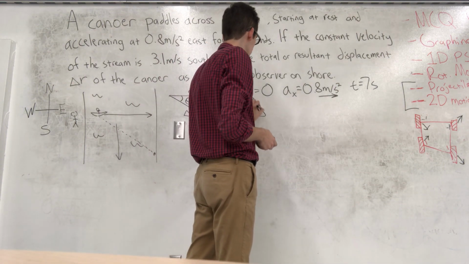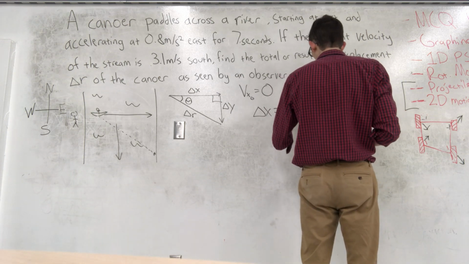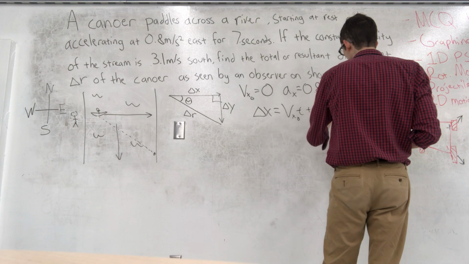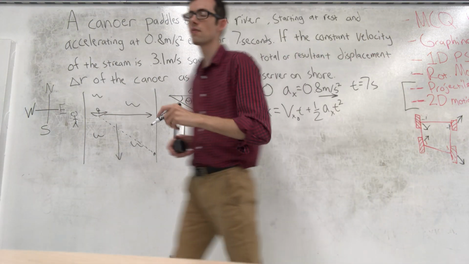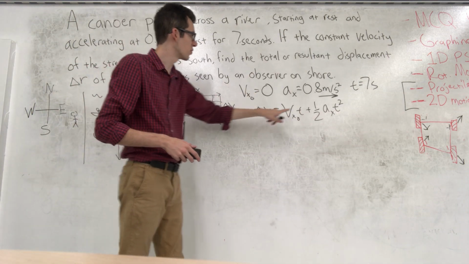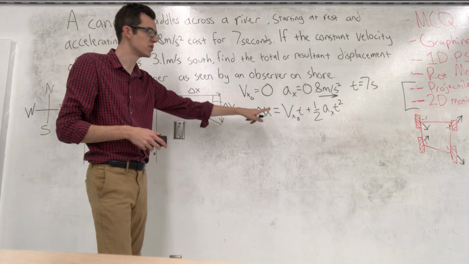So the second equation says delta x equals Vx initial t plus 1/2 axt squared. Now we have all this information. We have Vx initial, we have ax, and we have t. So we can find our delta x using this equation.